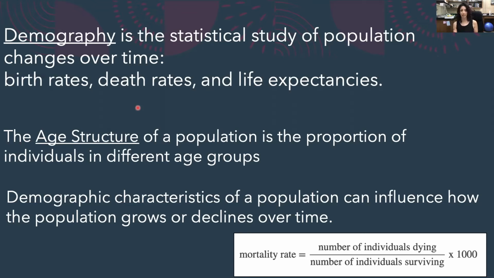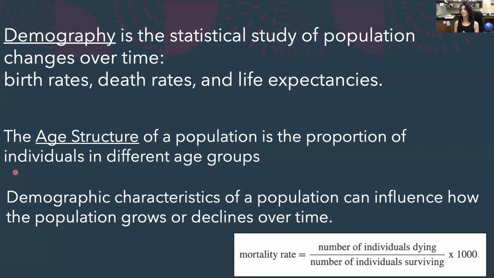increase the birth rate. And lastly, a female biased sex ratio, meaning there are more females than there are males in the population, or if the age structure is such that it's mainly composed of individuals of reproductive age, this can increase the birth rate of a population.